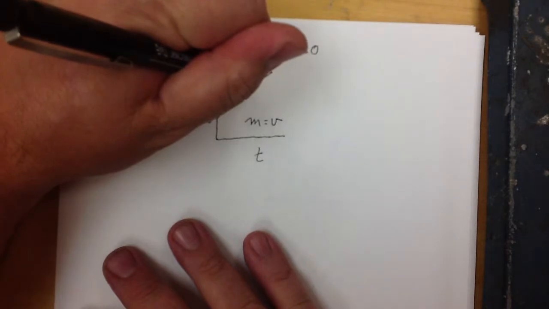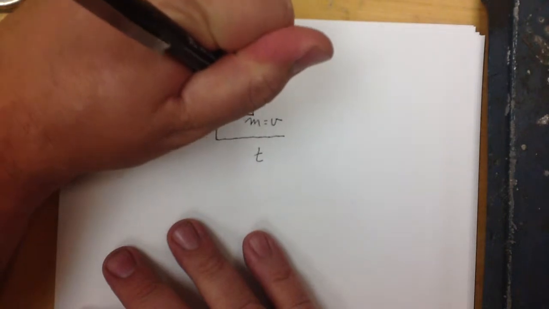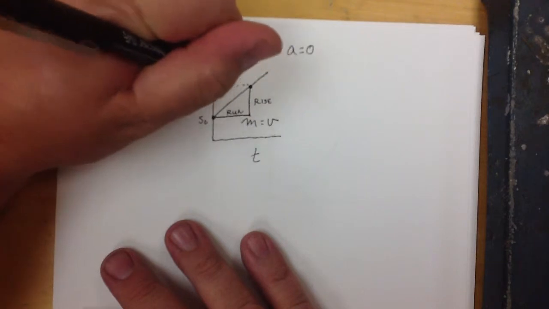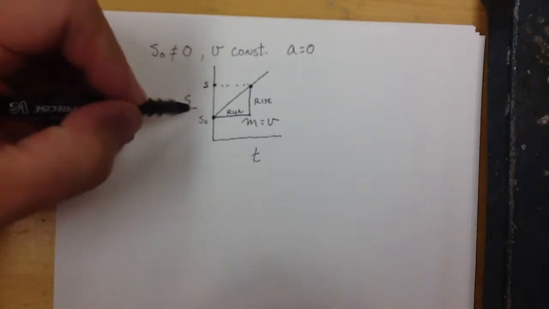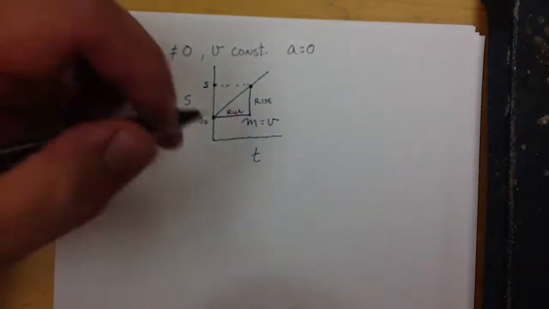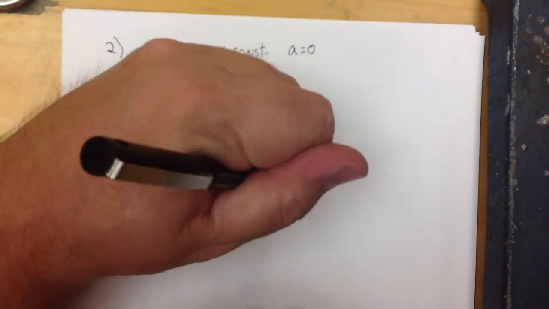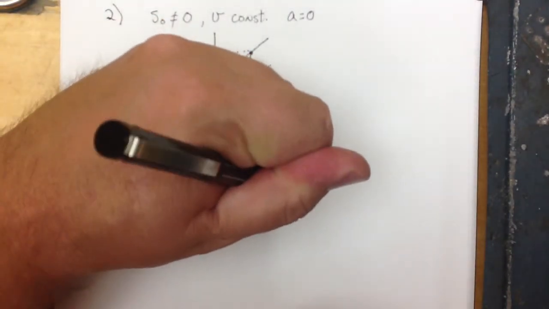If we take a point up here and come down to here, this part is the rise, this part is the run, and this corresponds to some value of S later in time, and this is the value of S where it started. So the slope is equal to the velocity, which is equal to S minus S sub 0 divided by the time. Our first equation here is V equals S minus S sub 0 over t.